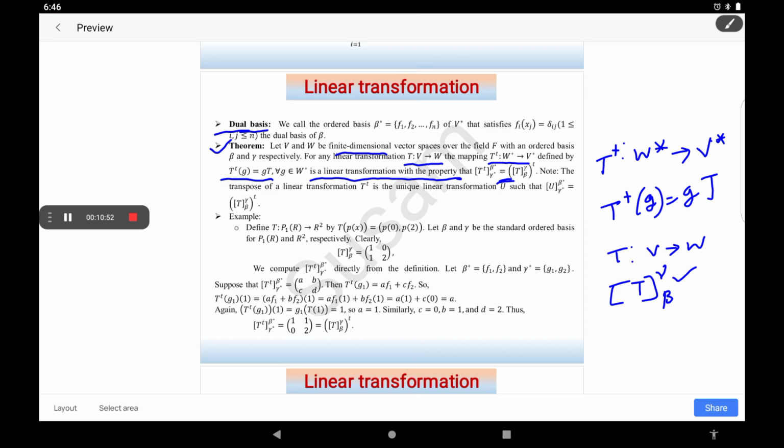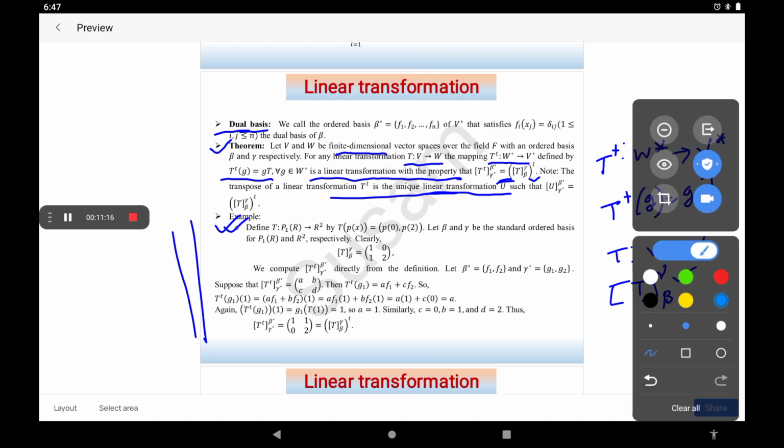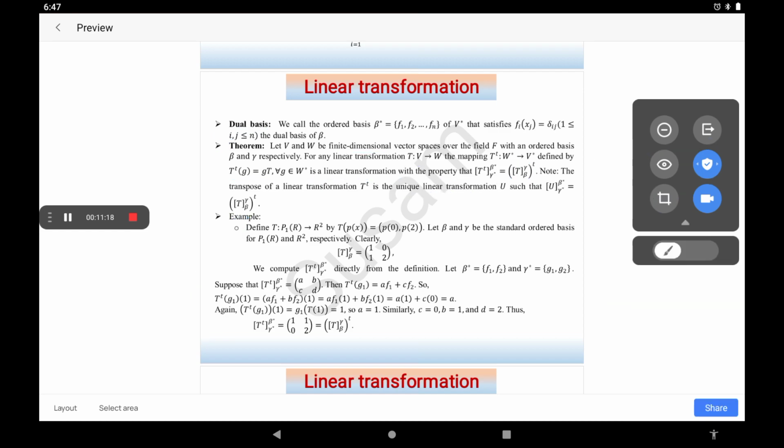The transpose of this matrix will give you the linear transformation from the dual space of the codomain, W star, to the domain's dual, V star. And this is the unique linear transformation. An example I have given for better understanding. Please go through this example. If you have any problem, you can comment to me.